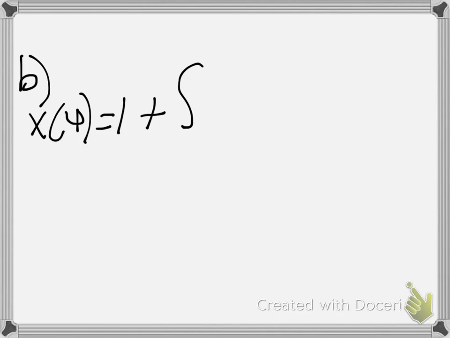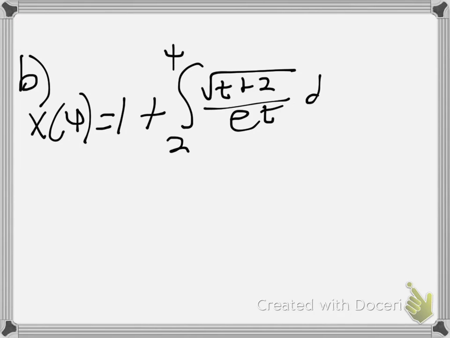We're going from 2 to 4 for time, because we started at 2, and then we have the square root of t plus 2 over e to the t, dt for x. Put that in the calculator, 1.253.